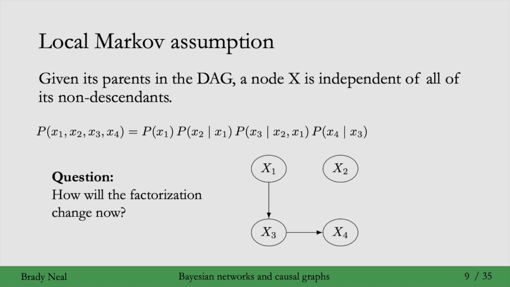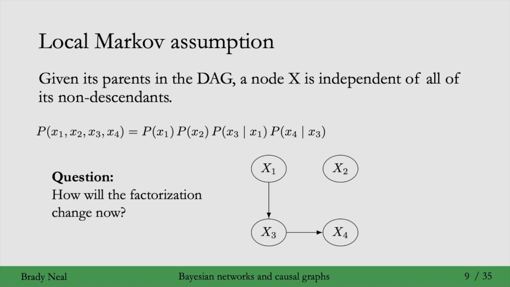The answer is that now that x2 doesn't have x1 as a parent, it will no longer condition on x1. So that factor P of x2 given x1 will just become P of x2. And similarly, x2 is no longer a parent of x3, so the factor for x3 will no longer have x2 behind the conditioning bar. So here is the simplification.